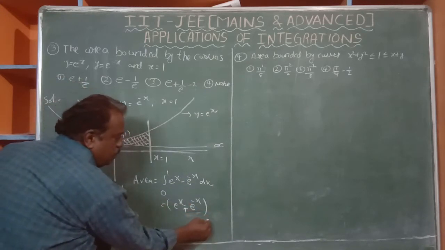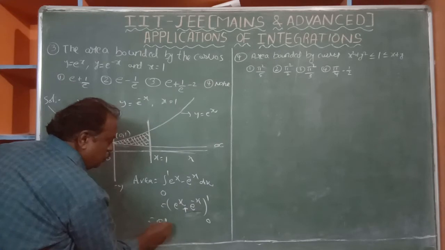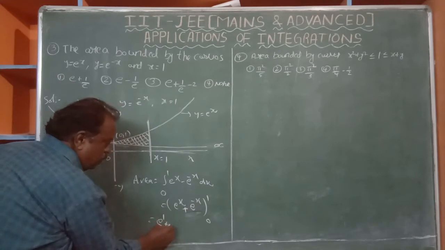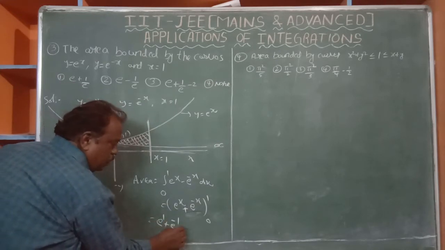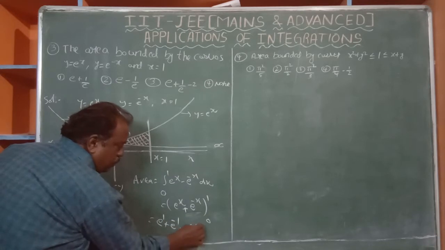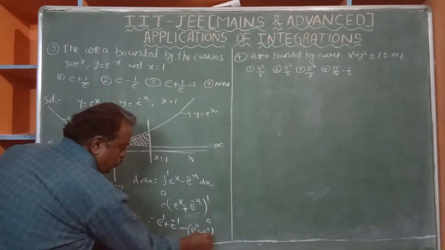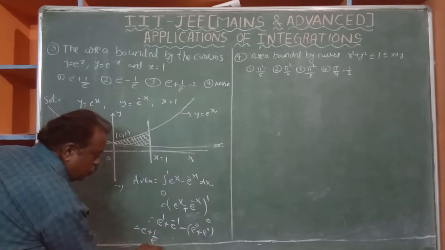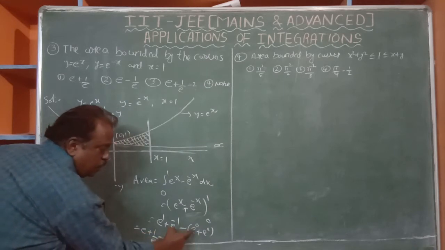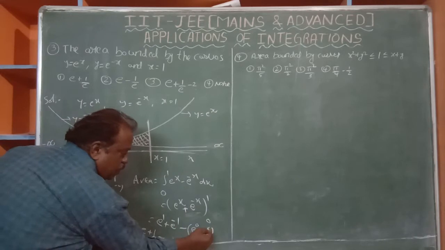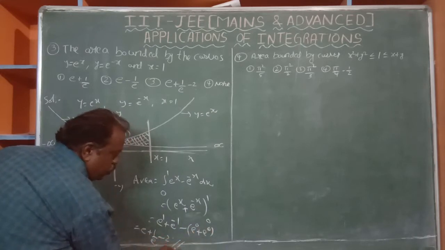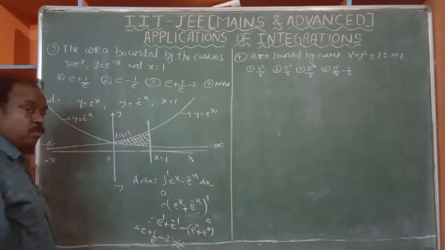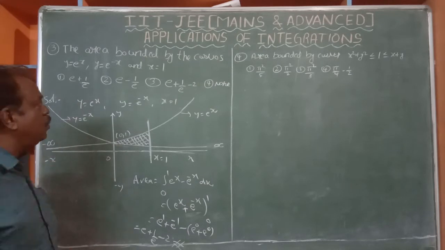Okay, now with the limits 0 to 1, it is e power 1 plus e power minus 1 minus e power 0 plus e power 0. That is nothing but e plus 1 by e minus, e power 0 is 1, 1 plus 1 is 2. So e plus 1 by e minus 2 square units.